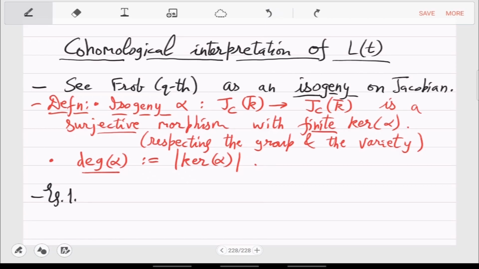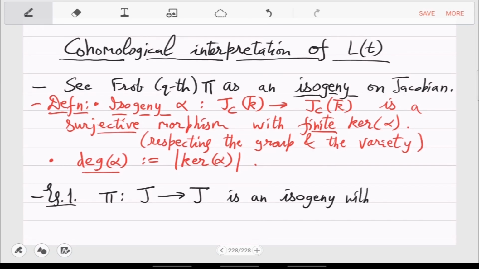Let me call Frobenius as pi throughout. Frobenius is an isogeny with degree, sorry, degree 1. The kernel is the 0 point.